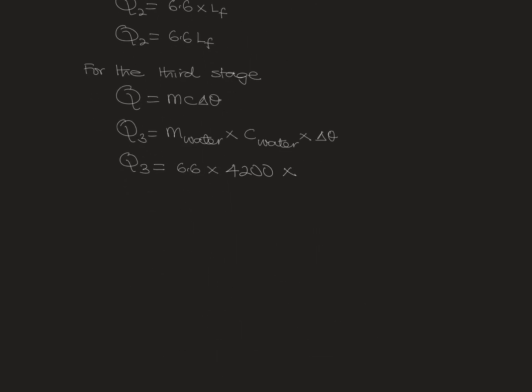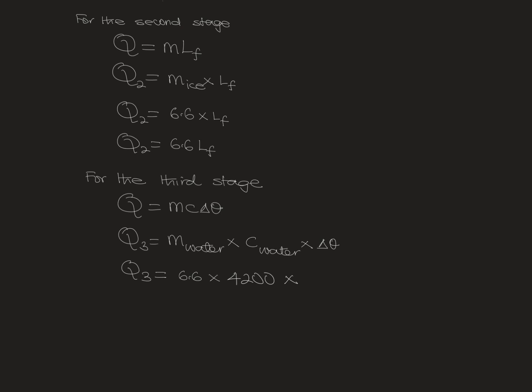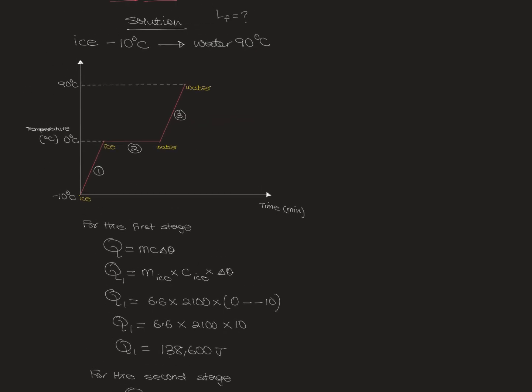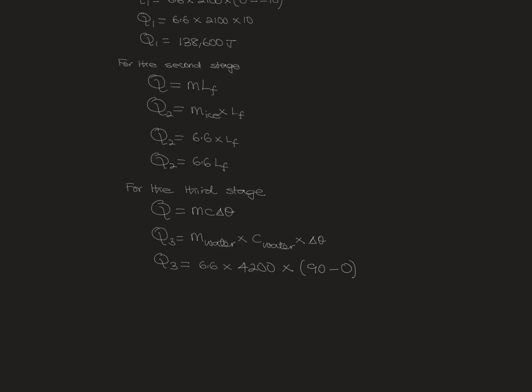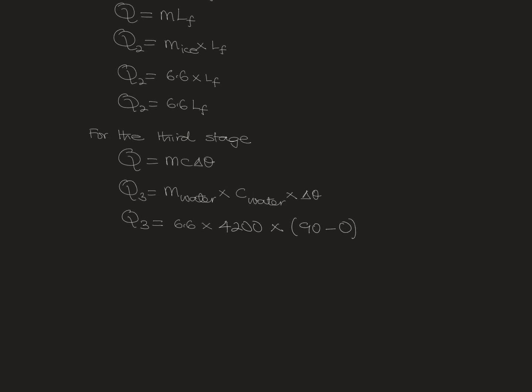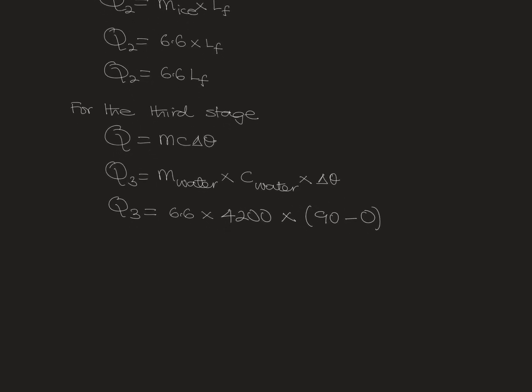4,200 times the change in temperature, which will be 90 minus 0. Okay, the final temperature minus the initial temperature. So Q3 is equal to 6.6 times 4,200 times 90.